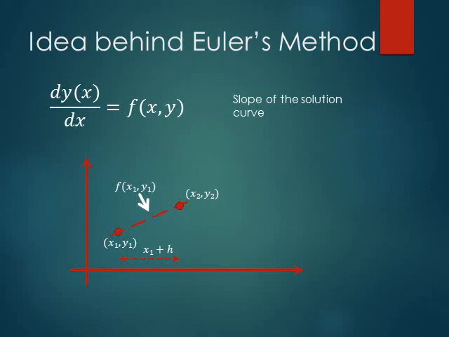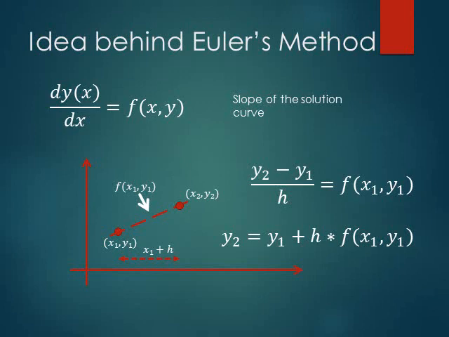So I would get two new points. To do that, I apply my definition of a slope, which is rise over run. My difference between the two x points is just my step size h, and then I can solve for my new y coordinate. So this is Euler's method.